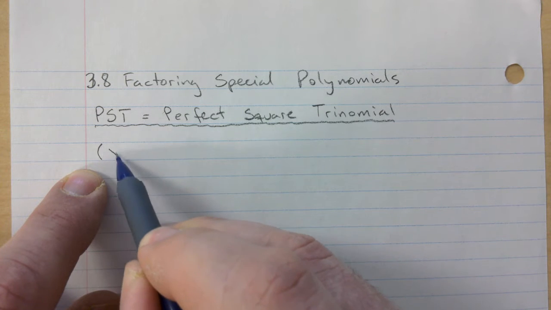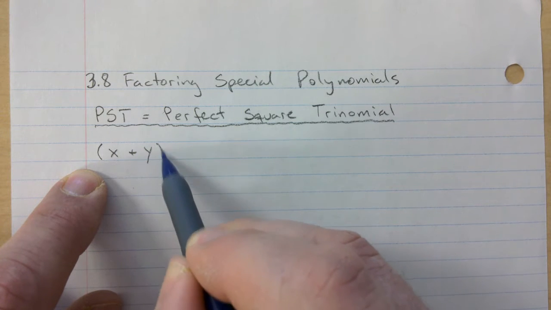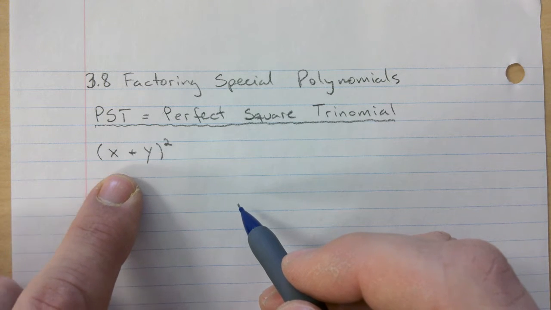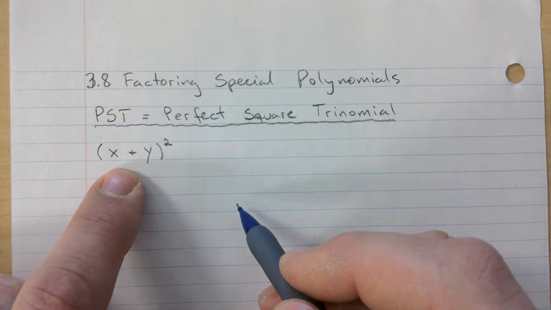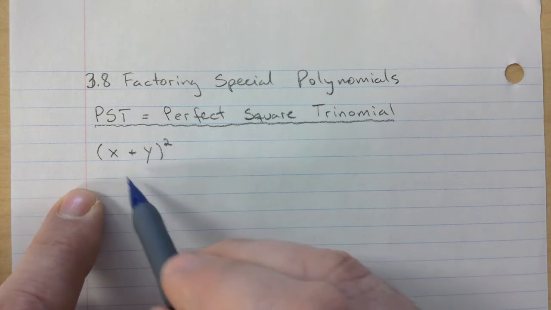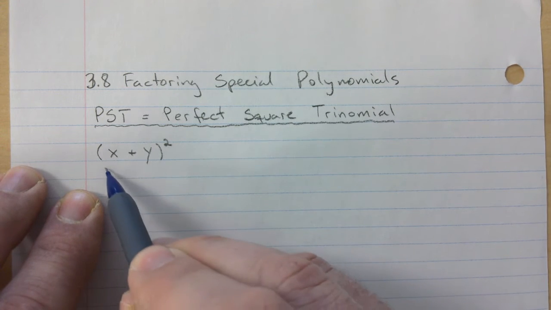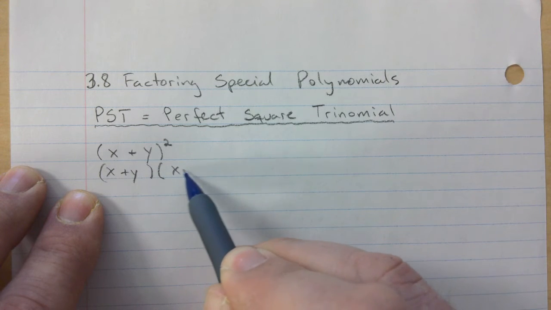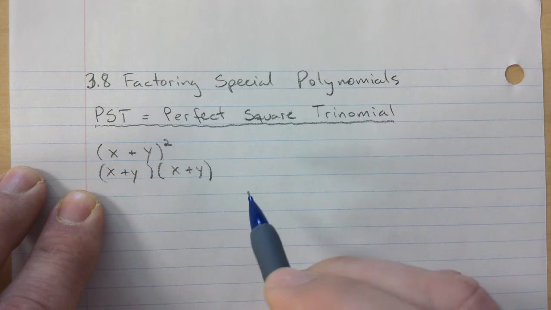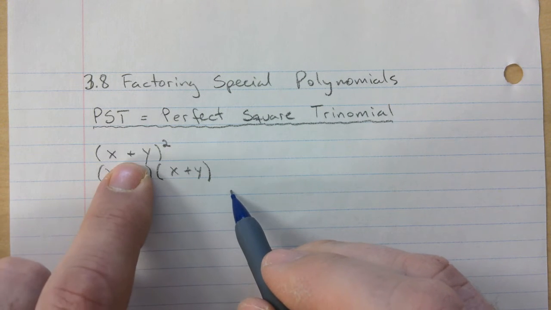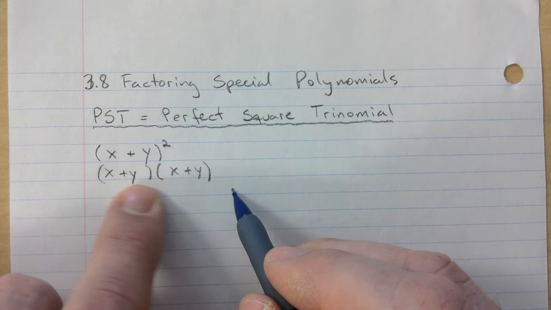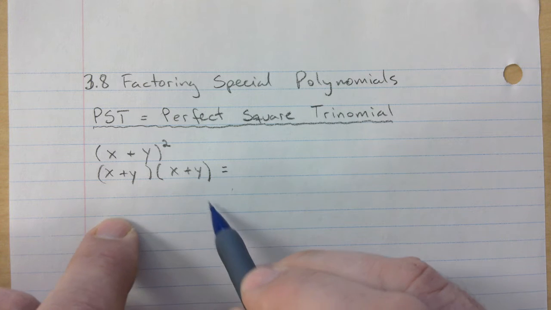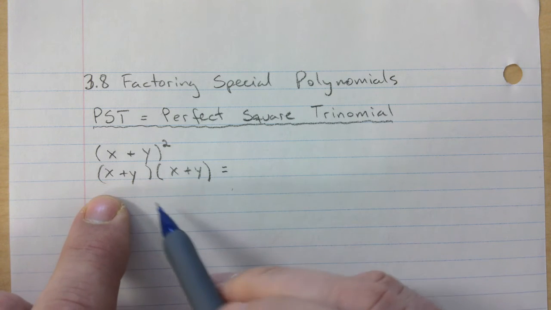So let's say you have (x plus y) squared, right? (x plus y) squared turns out to be (x plus y) times (x plus y). Okay? That's what it is, just two brackets multiplying each other like that. I'm going to go to the right here to save some space.